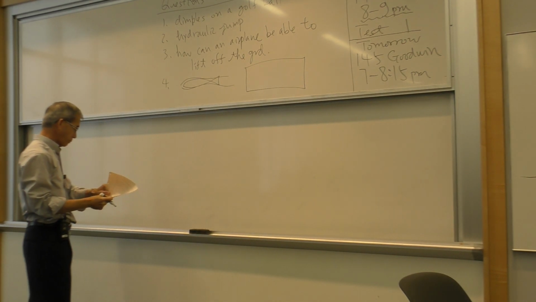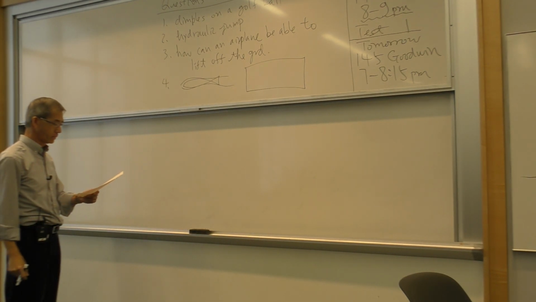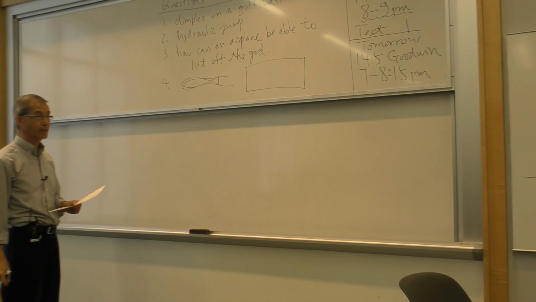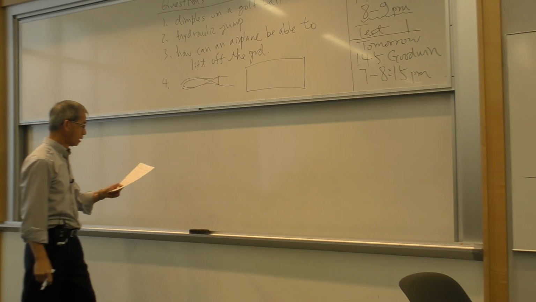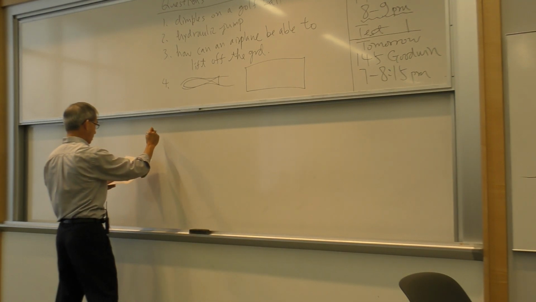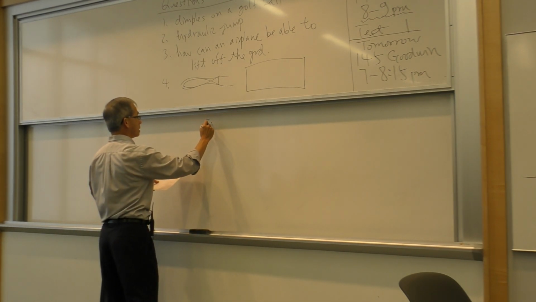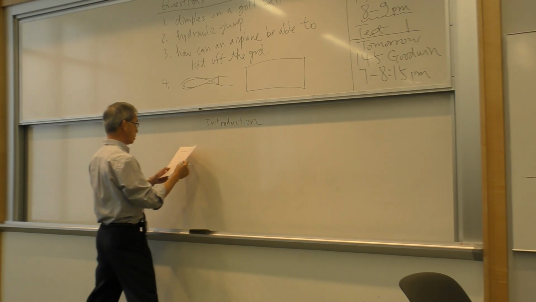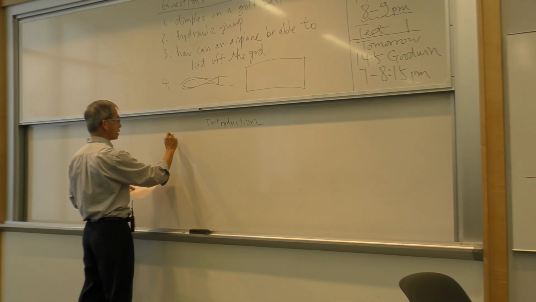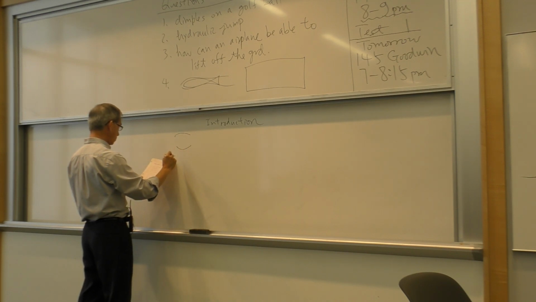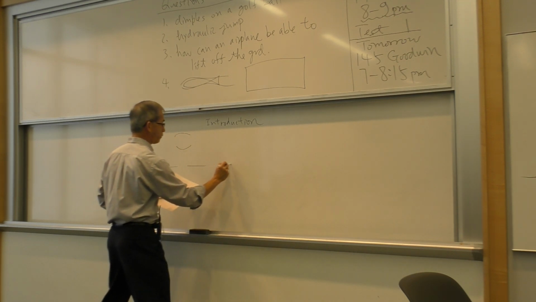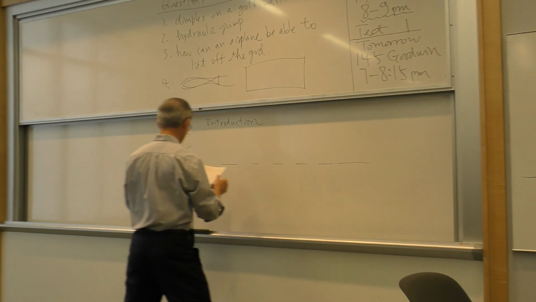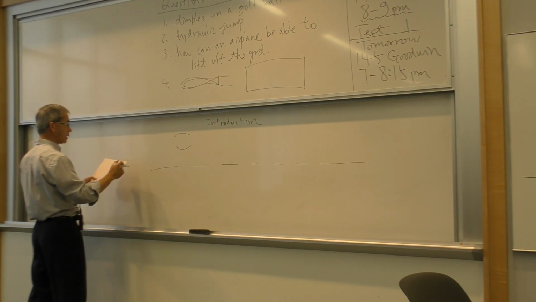So for the last 3 minutes, I just want to look at the roadmap of where we'll be heading for the next 2 months. So we now finish a very interesting introduction. The study of fluids can be divided into 2 parts. The first part, which is what we have done for the past month, is analysis.